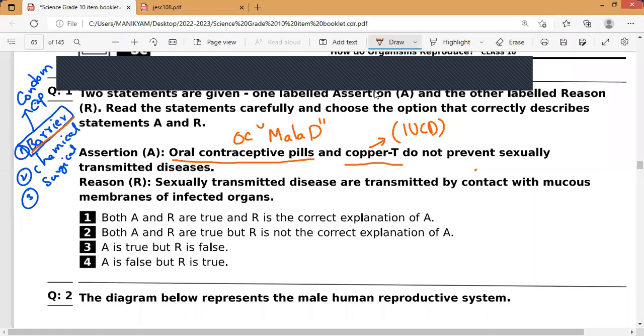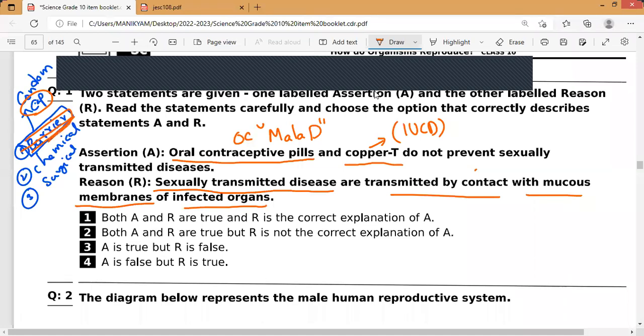STDs, sexually transmitted diseases, because in all the methods other than the barrier methods, either condom or diaphragm cap, the mucous membranes of the female organs are touched by the male organs in direct contact, so infection can spread. STDs are transmitted by contact with the mucous membranes of infected organs.